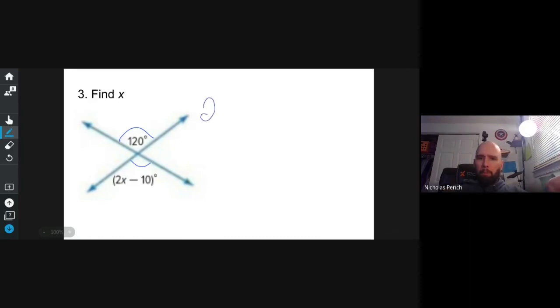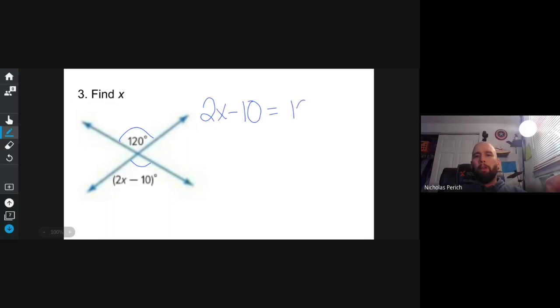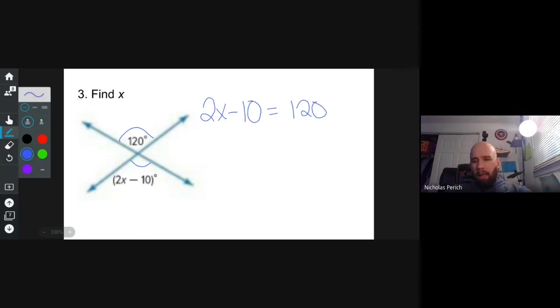If they're vertical, what does that mean? Who remembers? Who said they're equal? Me. Good job, Paul. They're equal. Yes. I think you just forgot to unmute yourself and you were yelling it, but I heard you all the way from town, as the kids call it. You see what I did? They're vertical, and vertical angles are equal, so I set them equal to each other.